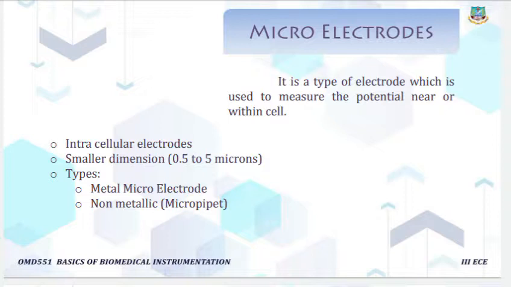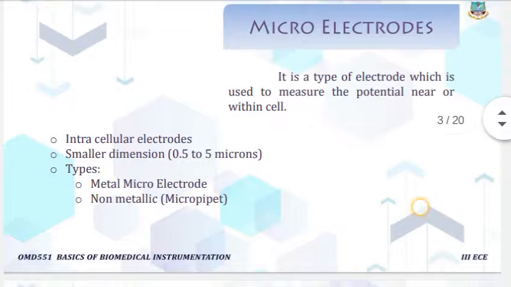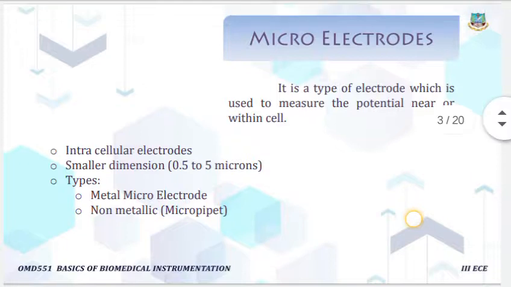They have a small diameter, so during insertion of the electrode into the cell, it will not cause any damage to the cell. During potential measurement, the microelectrode is placed within the cell and the reference electrode is placed outside the cell.